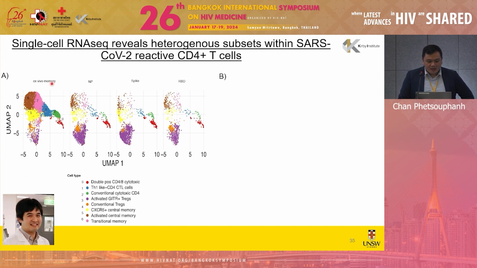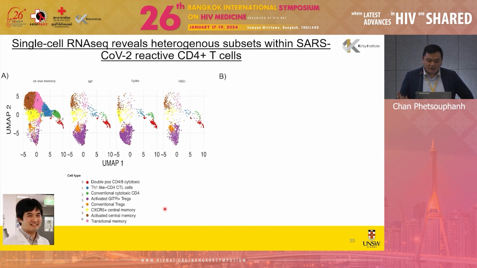And we showed with the ex vivo memory, we identified 7 populations, 3 populations that had a cytotoxic signature, which is quite interesting, and 2 with T regulatory T cells, and this, I have to highlight, is actually underestimated and not detected at all if you use CD137 and OX40 or CD40 ligand.